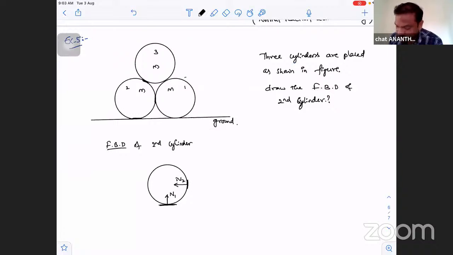See, all should pass through the center. Third one is somewhere here, so this will be N3. All normal directions will pass through the center, and mg will act vertically downward. So total how many forces are acting? 4 forces: 3 normals and 1 mg.